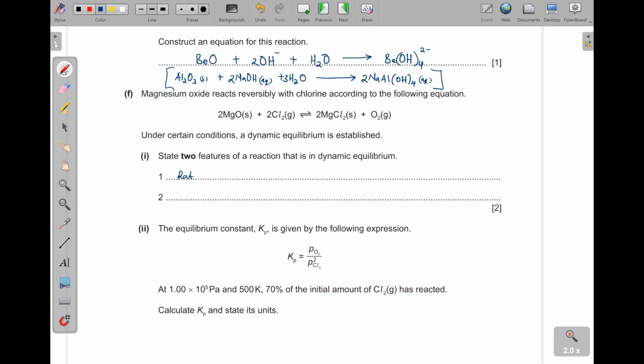Okay, rate of forward reaction is equal to the rate of backward reaction. And then next, we shouldn't see concentrations changing.